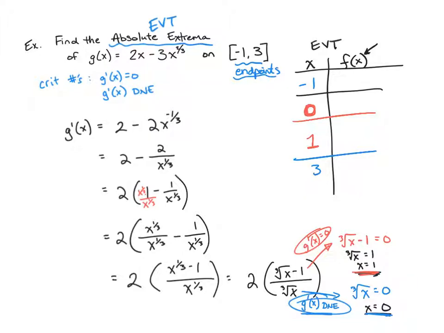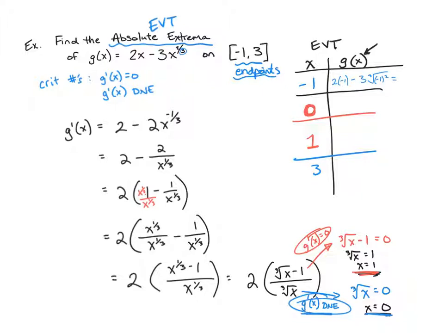So let's plug a -1 into, I wrote F, I should have written G. That was the name of our function. Don't go changing its name. So throw a -1 into the G function. That'd be 2 times -1 minus 3 times -1 to the 2/3, and that's another way to write the cube root of -1 squared, because the 3 is in the denominator, that's the root.